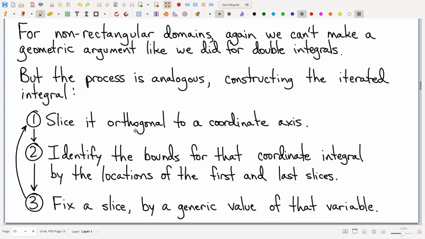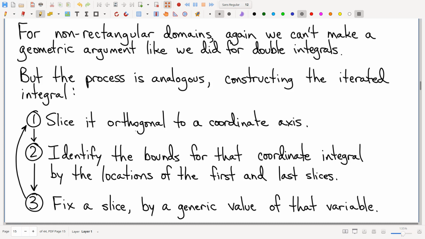Okay. All right. How do you turn a triple integral into a triple iterated integral? How did we do it for double integrals? Well, I cheated, right? I drew a picture of the graph. It was a nice visual convenience, and I can't do that here. There is no picture of the graph of a function of 3 variables because if I run out of space, there's just not enough dimensions.